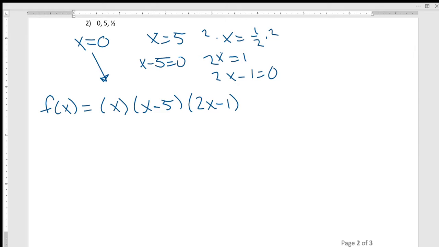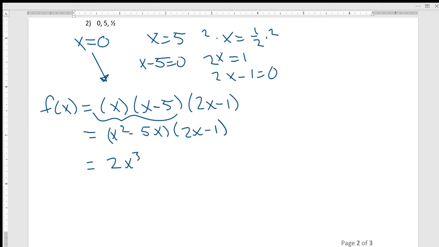So we will start once again by multiplying the first two parentheses, giving us x squared minus 5x, and then we'll multiply that by 2x minus 1 and combine any like terms as needed. So x squared times 2x gives us 2x to the third. X squared times -1 is -x squared.